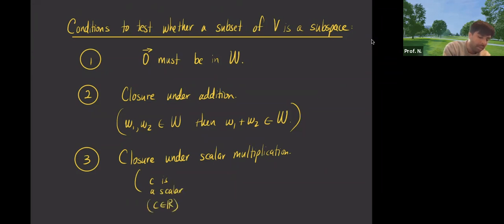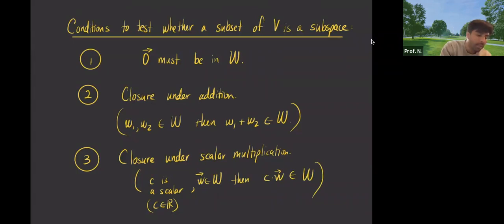It's a constant. If C is a scalar and W is in the subset W, sorry, I'm going to call this W. So if you multiply a scalar by a vector in W, then that should also be in W.